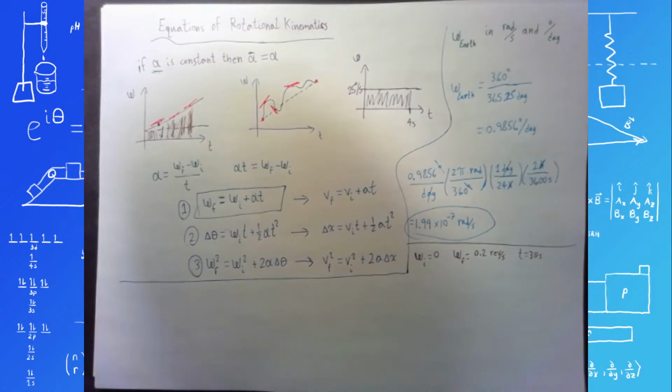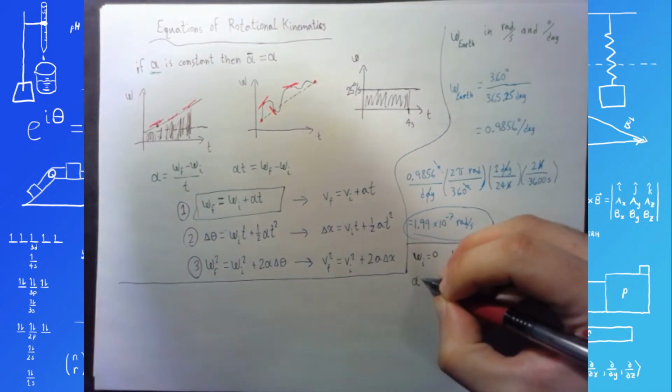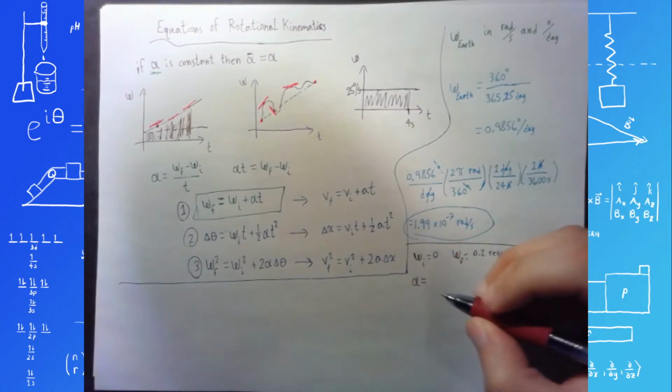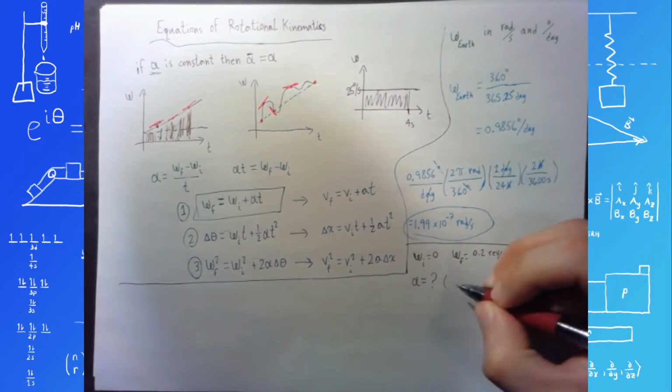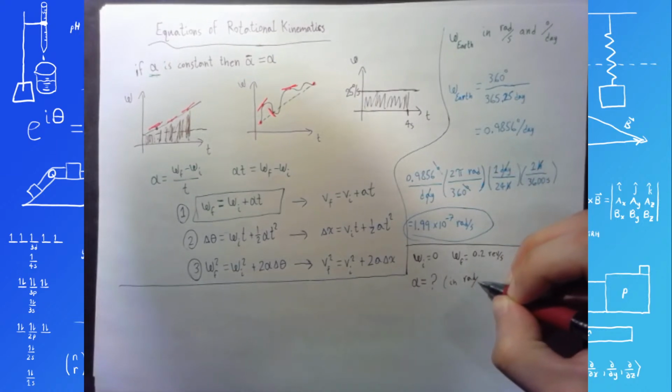Find angular acceleration in radians. Oh, wait, it only wants it in radians per second. Did I misread it the first time? I guess I did. Find alpha equals what? In radians per second squared.